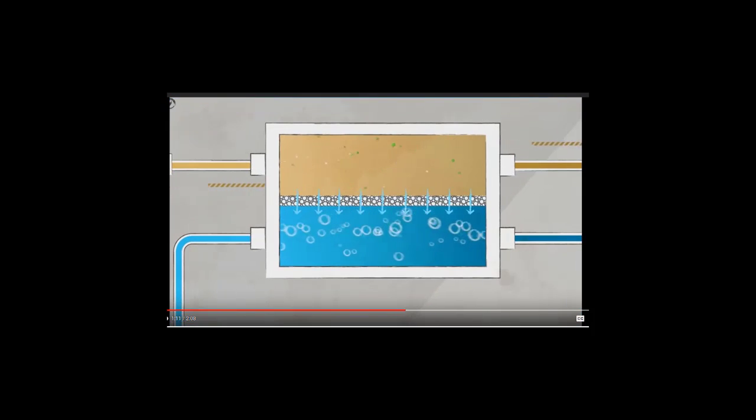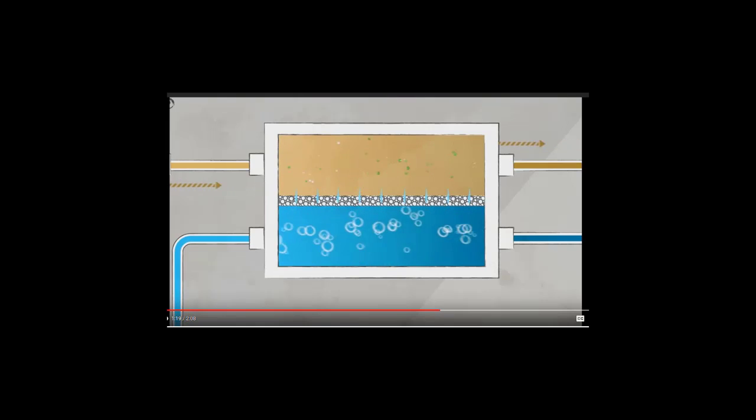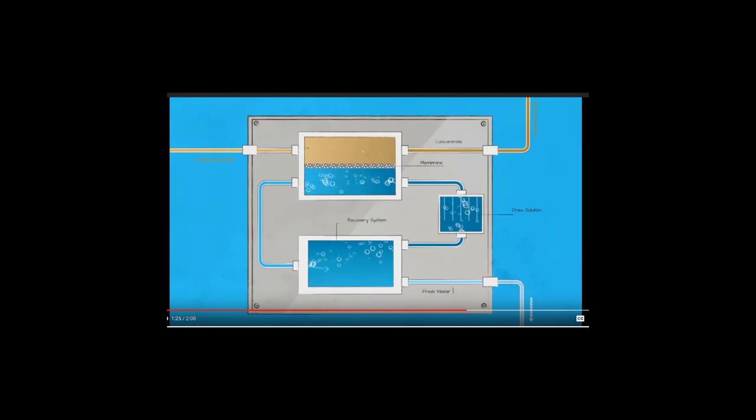Just as impressive, Oasis uses a highly concentrated salt solution to draw clean water across the membrane without using energy-hungry high-pressure pumps. The water and draw solution are then separated using low-grade heat or a secondary membrane. The draw solution returns to the system in a continuous process, leaving fresh water ready for industrial use or human consumption.